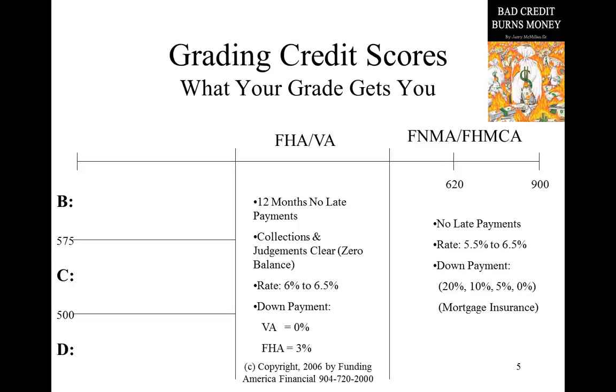You've got no late payments in the last 12 months, any collections, judgments, or zero. Now, what's a collection item? A collection item is when you haven't paid, okay, and your debt is written off, sent to a collections agency.